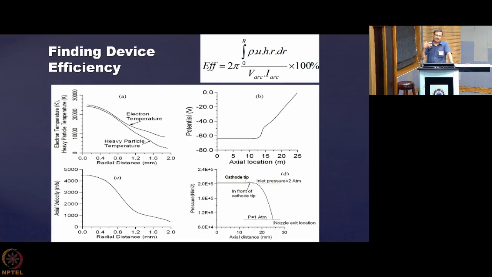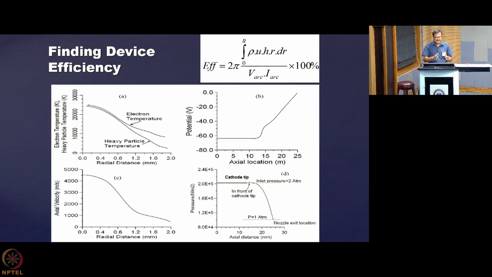So that is the power of the plasma itself. So the numerator here gives you the power of the plasma that is coming out, and V arc into I arc gives you the electrical input that you have applied there. So when you multiply this ratio by 100, you get the efficiency of the plasma torch.